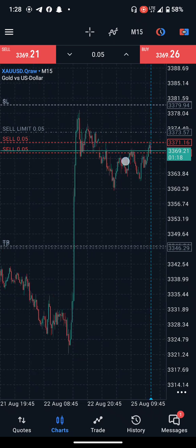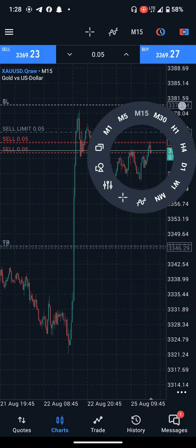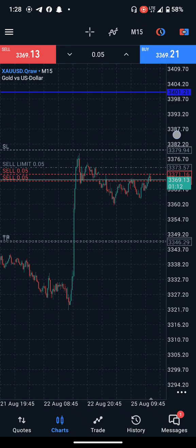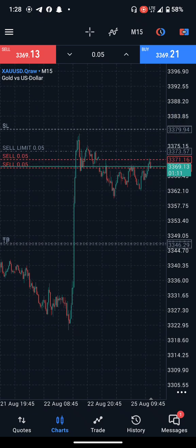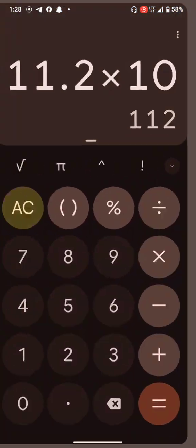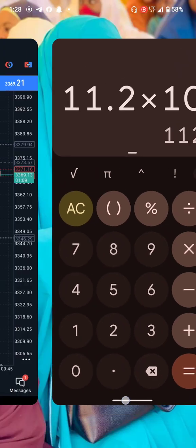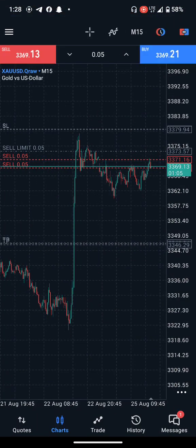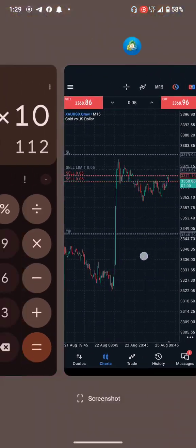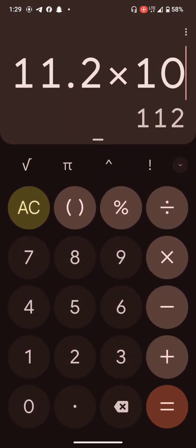If this first position is going here to touch my stop loss, from here to here is 112 pips. Now if the dollar is at 1,550, that means I am losing, let's say I'm using 0.05.